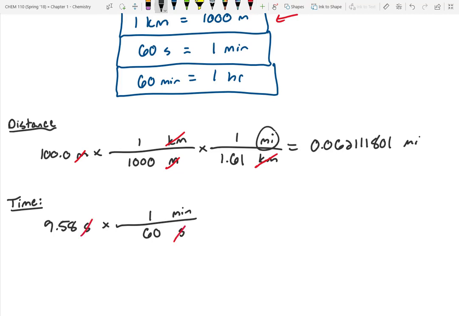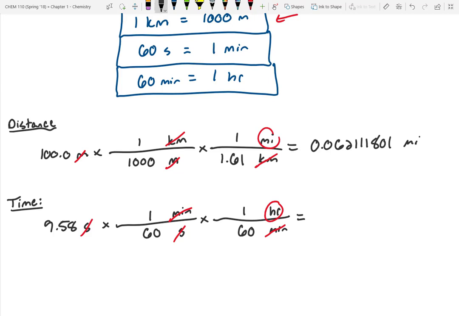All right, now we need to get rid of minutes and get to hours because we want miles per hour, not miles per minute. And we know that there needs to be minutes on the bottom to cancel that out. We need hour on the top. And we know that there's 60 minutes for every 1 hour. And this is good because now we're canceling out minutes and we're left with the unit of hour. Oops.